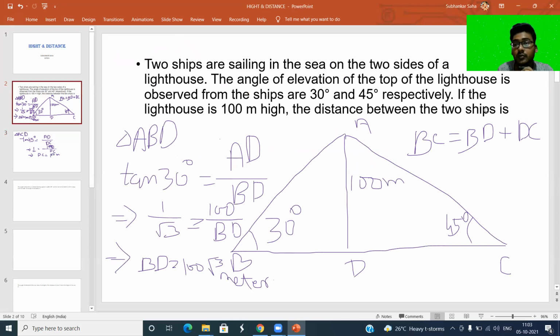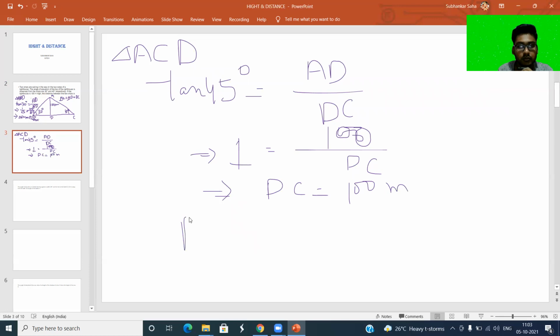In this question, the distance between the two ships is BC, which is BD plus DC. BC is equal to BD plus DC.